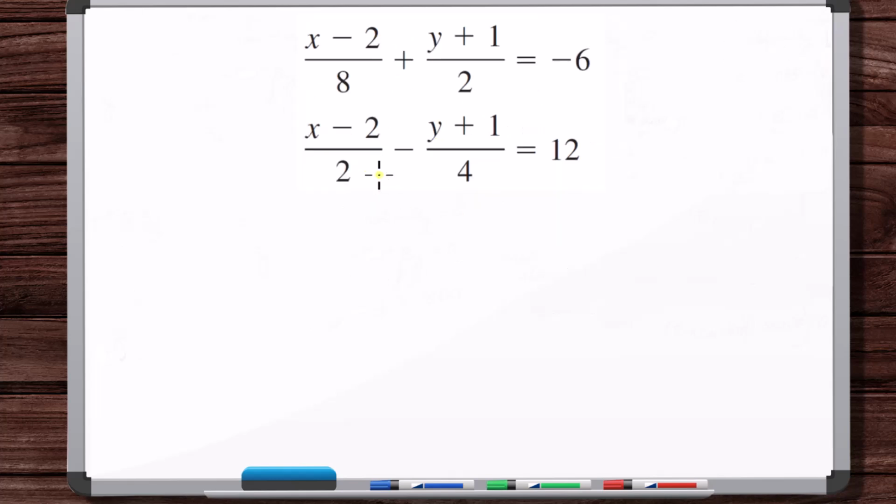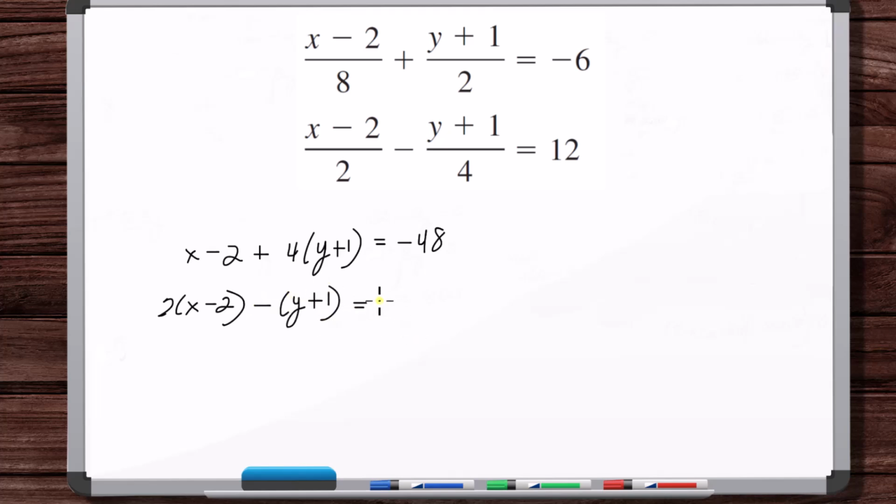Okay, let's multiply the first equation by 8. So you have x minus 2 plus 4 times y plus 1 is equal to minus 6 times 8 is minus 48. Let's multiply the second equation by 4. So you have 2 times x minus 2 minus y plus 1 is equal to 48.